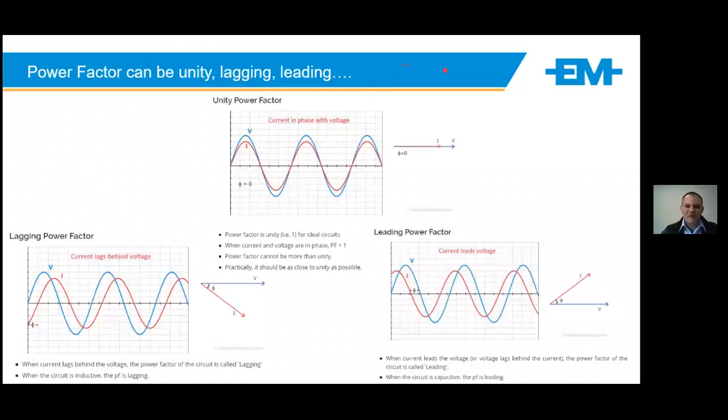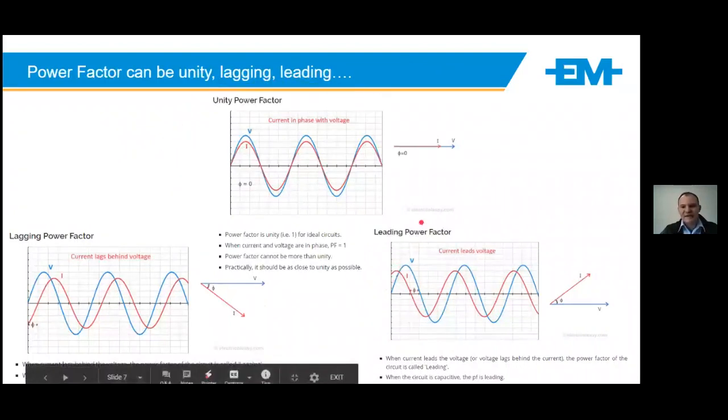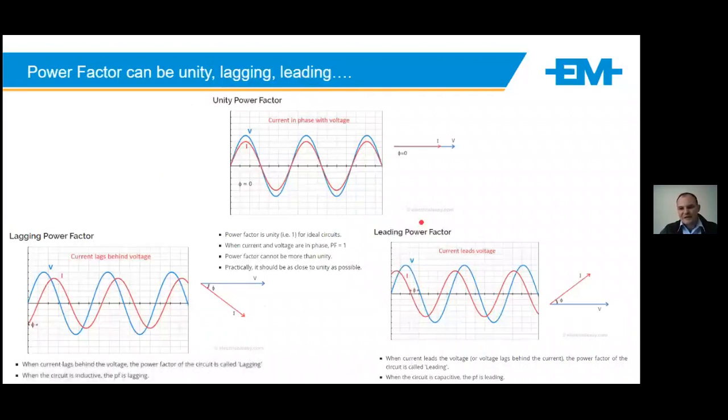In a perfect world, we would have unity power factor. That typically would only exist if your whole circuit was resistive. That is the ideal situation we'd want to be in, where the voltage and the current are in phase, and there's basically no wastage.